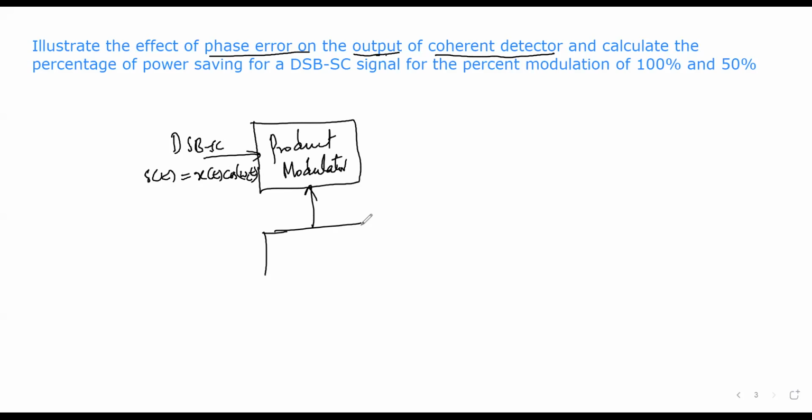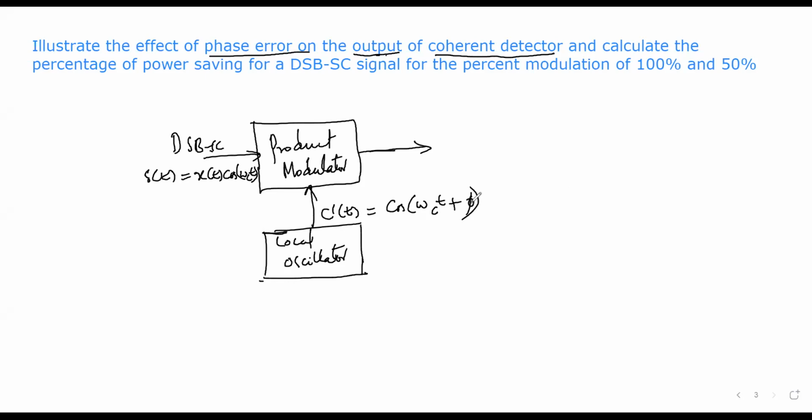So the other class, one of you asked me about the difference between a coherent wave and a non-coherent wave. Here, at the output of the product modulator, it depends on the phase error coming from the local oscillator. This is basically a local carrier oscillator, which we are assuming as cos omega ct plus phi.